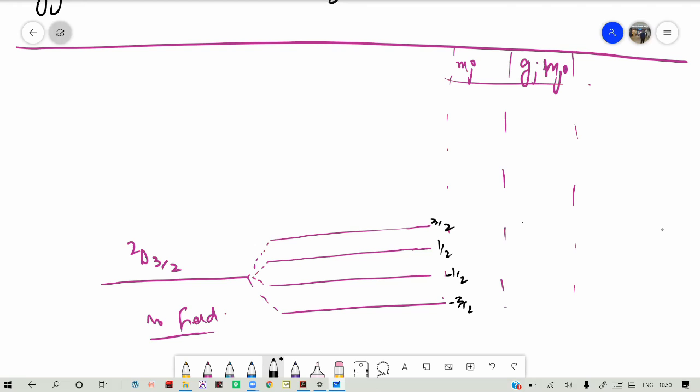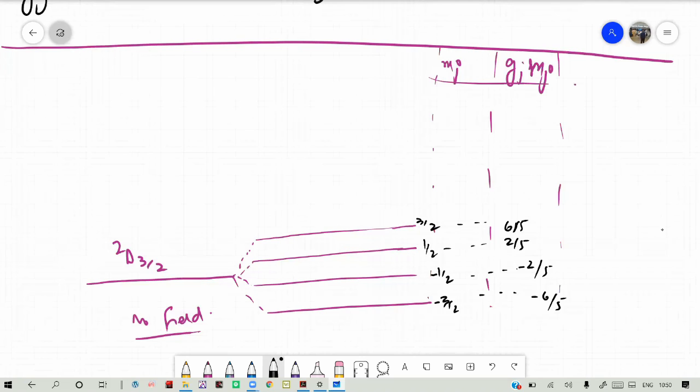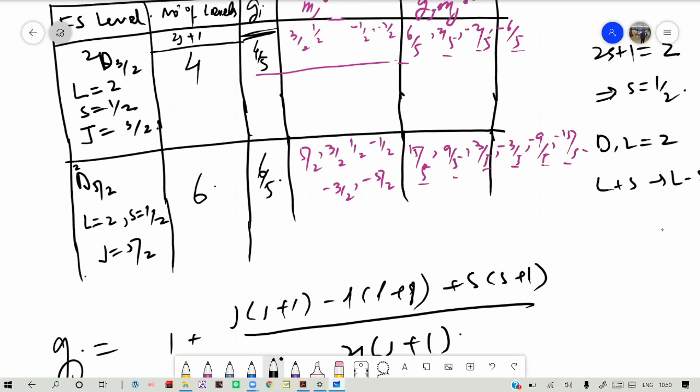And what is this? This is 6 by 5. Corresponding to this, it is 2 by 5. Corresponding to this, minus 2 by 5, and corresponding to this, it is minus 6 by 5. We have already calculated them above, and I am putting up these values.